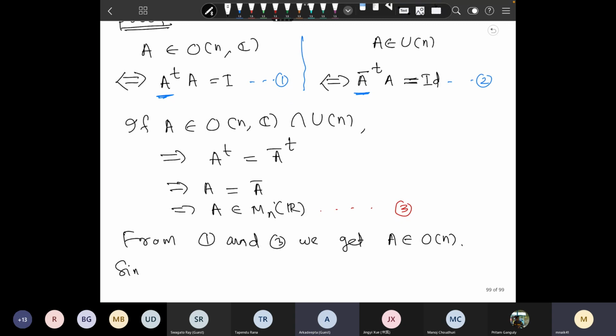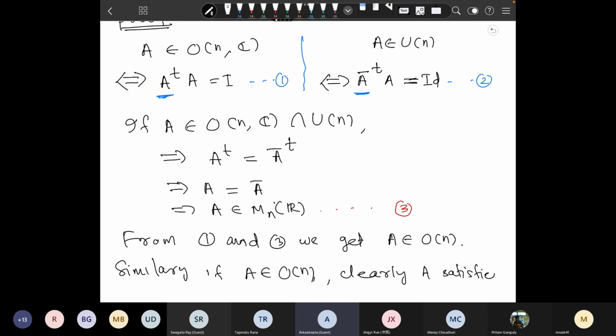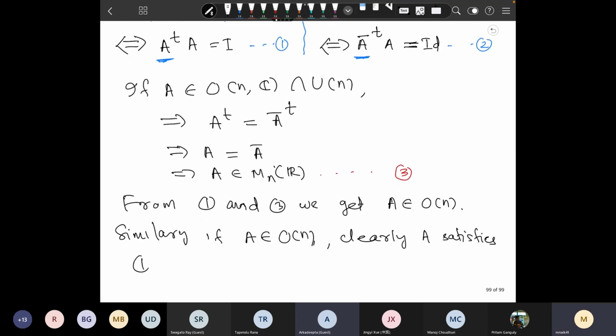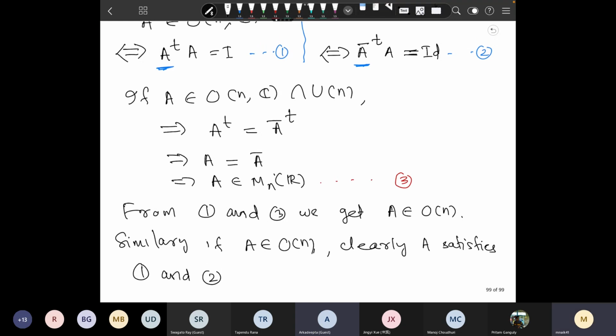Now similarly, if A belongs to ON, clearly A satisfies 1 and 2, and thus A belongs to ONC intersection UN.